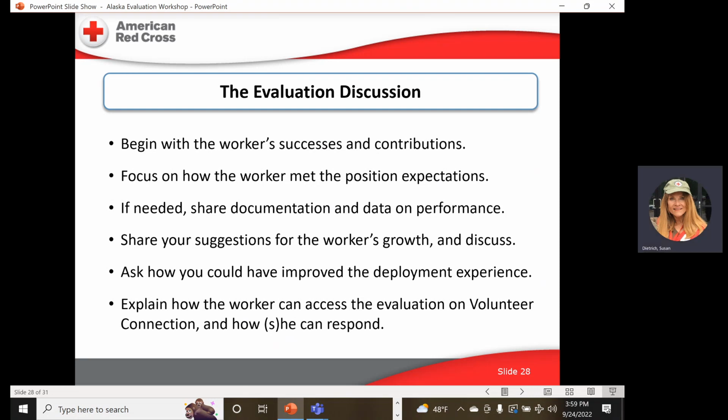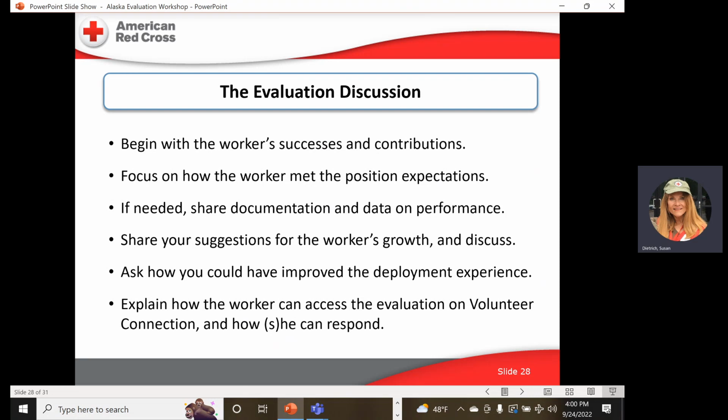Explain how the worker can access the volunteer connection evaluation and how he or she can respond. So this is under the profile, and they go down to DRO history, and they see that DRO.